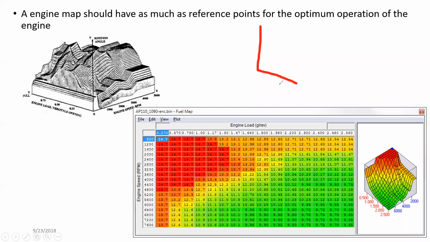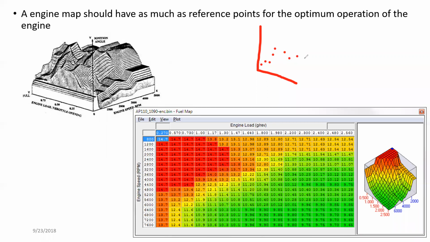One graph is drawn for, let's say, 0 degrees throttle. That means at idle, with zero engine load, how much ignition angle has to be kept for each RPM.